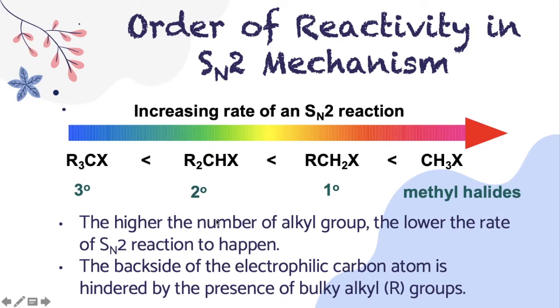So the higher the number of alkyl groups, the less likely the SN2 reaction is to happen.